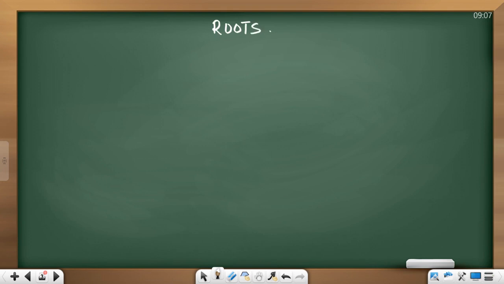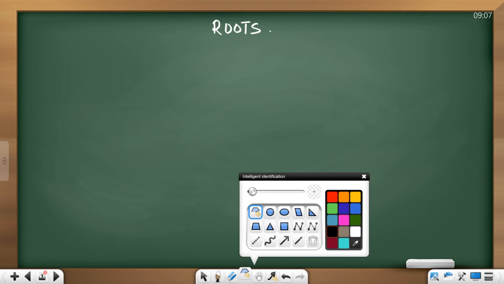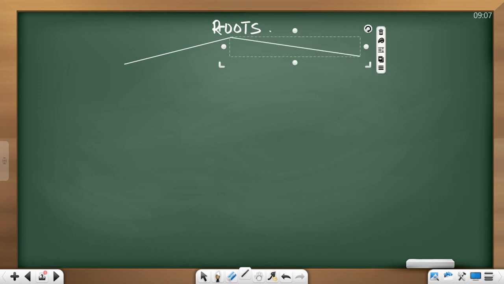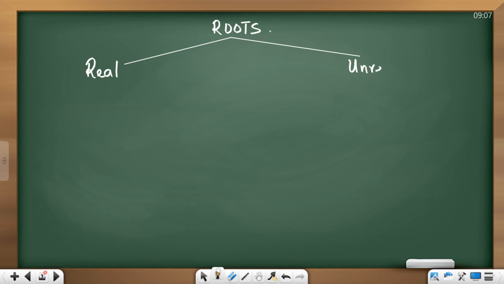Roots are basically segmented into two. We have real and unreal. Those are the two that we have. Real roots and unreal roots.